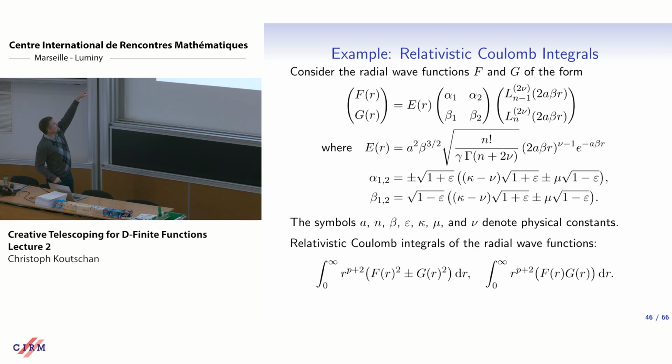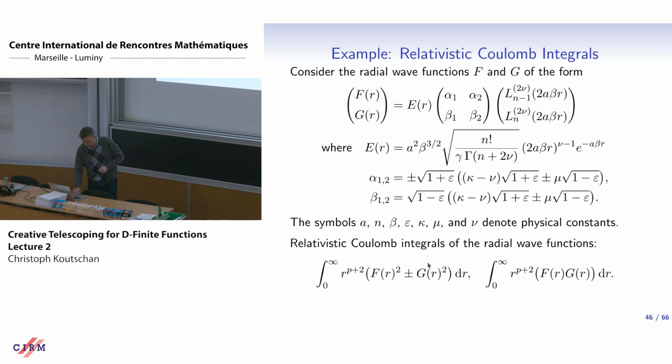So we have two functions, f and g, that are defined in this complicated way, but actually it's not so complicated. It's just because there are so many parameters floating around. Basically f and g are two linear combinations of Laguerre polynomials. These alphas hide certain expressions with these parameters behind them. But important to know is just that they are linear combinations of Laguerre and its shifted version.